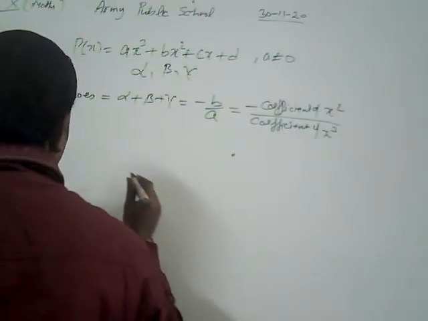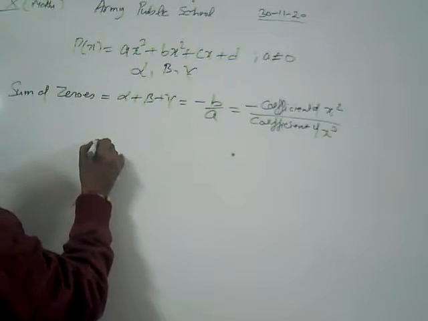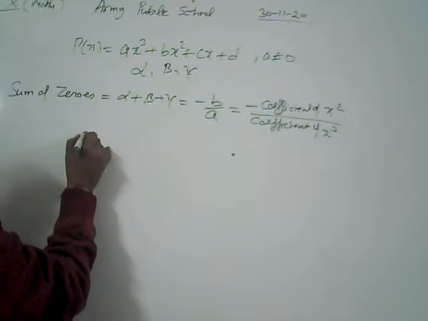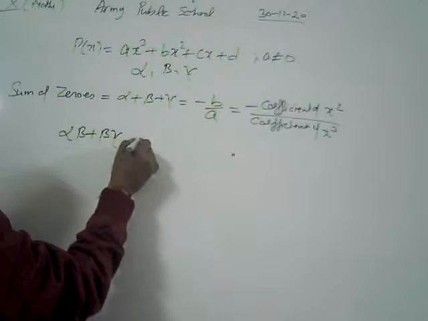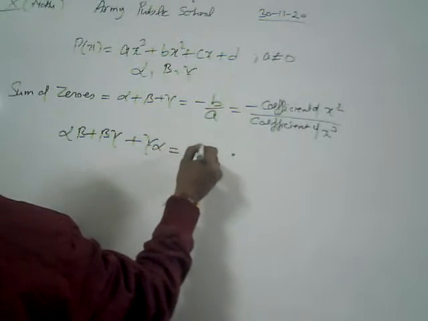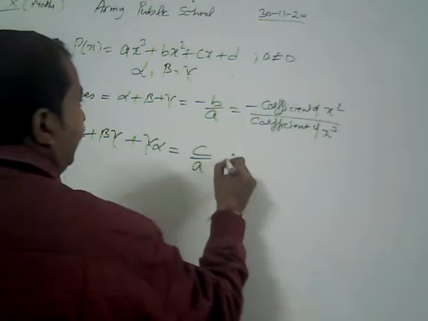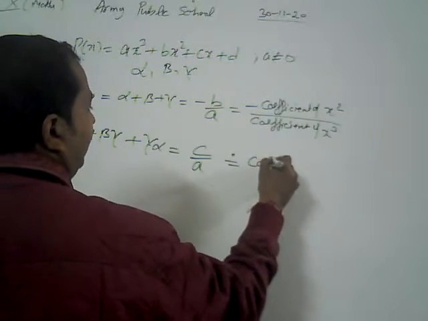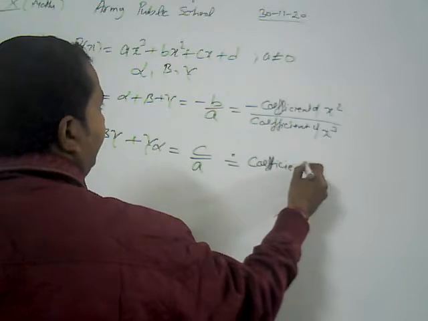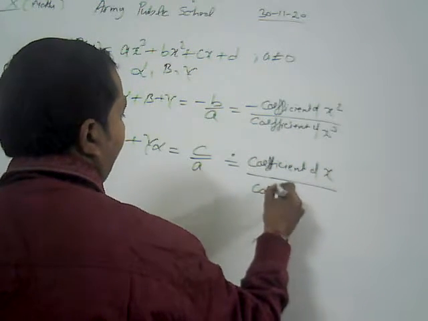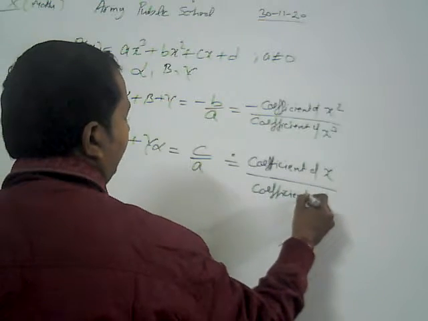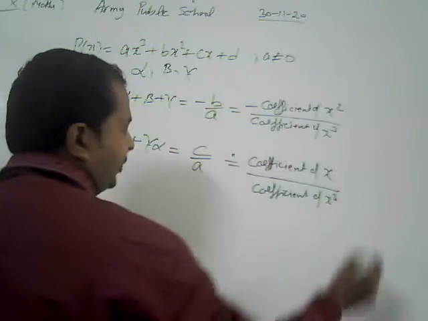The second is alpha beta plus beta gamma plus gamma alpha, given by c by a, where c is the coefficient of x upon the coefficient of x cube.